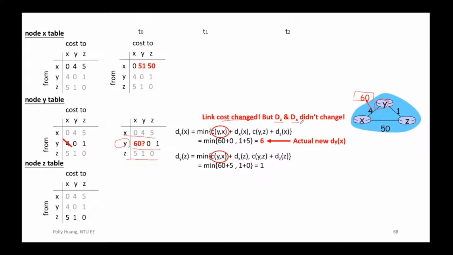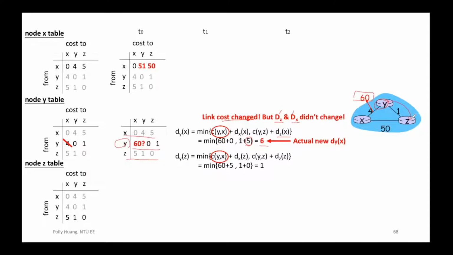So y is going to be using the old dz and old dx. Therefore, the old dz is telling y the shortest distance from z to x is 5 here.